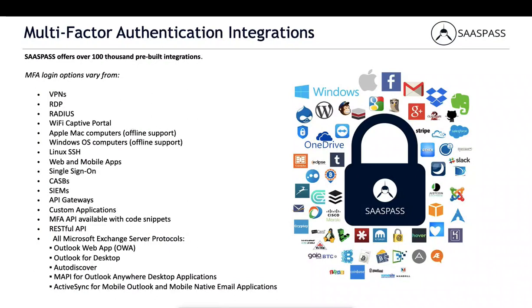Multi-factor authentication could be integrated everywhere with SAASPASS. The most important part is that SAASPASS is ready for all those kinds of integrations, but the application should have some way of integration, like supporting one of the standard protocols like SAML or RADIUS, etc. So you can integrate your network tools and products like VPNs, RDP, any network device or application that uses or supports the RADIUS protocol.